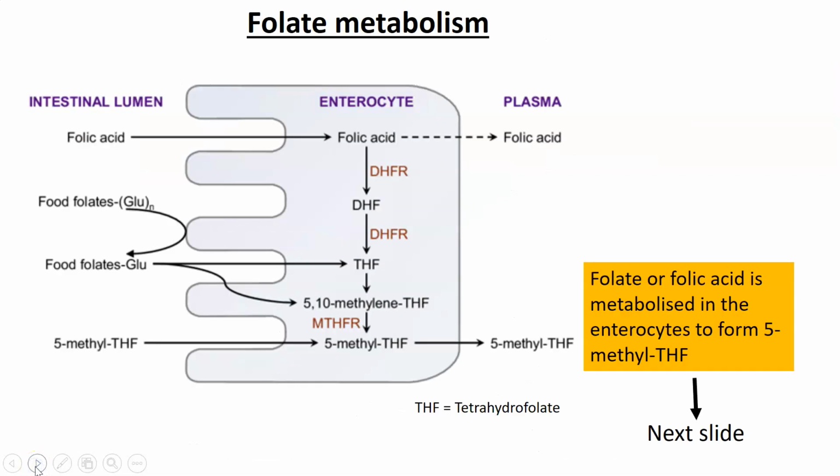As far as folic acid is concerned, you don't have to learn all these different processes. The main thing is to understand that folic acid is received from the diet.